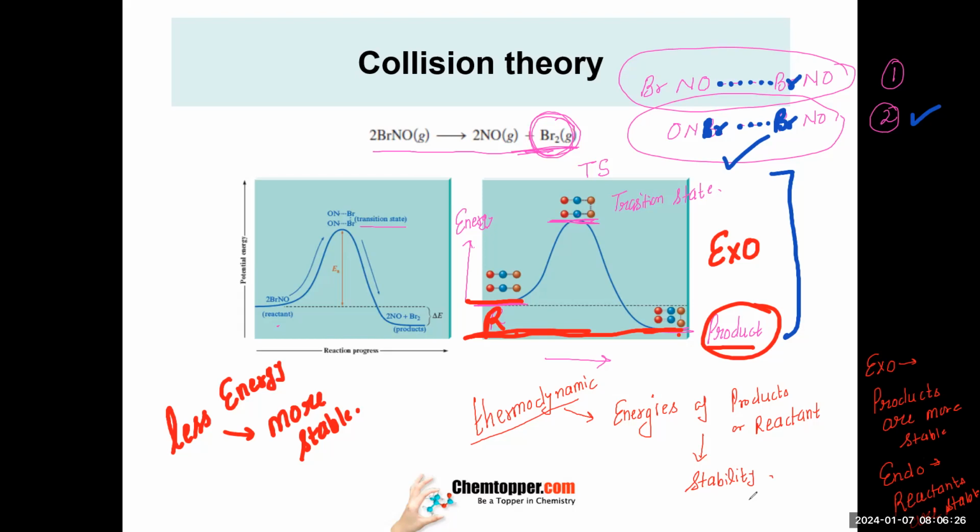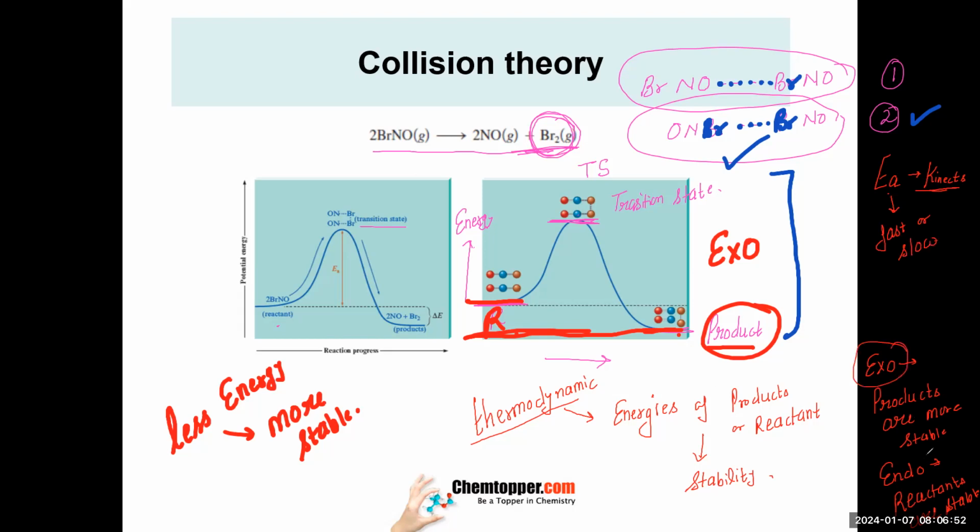So now, what about activation energy? What activation energy is going to decide? The kinetics. Remember, I was using the word kinetics and thermodynamics. This term will come again in Unit 9. So activation energy will decide the kinetics, means it will tell you the fast or slow reaction.